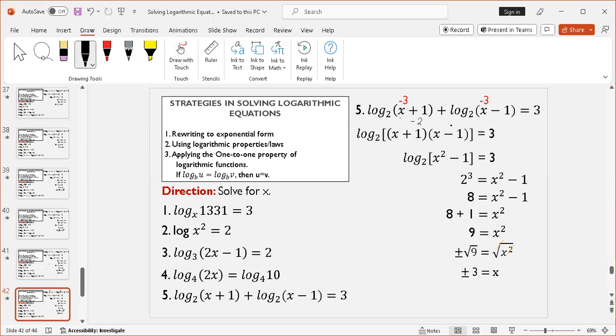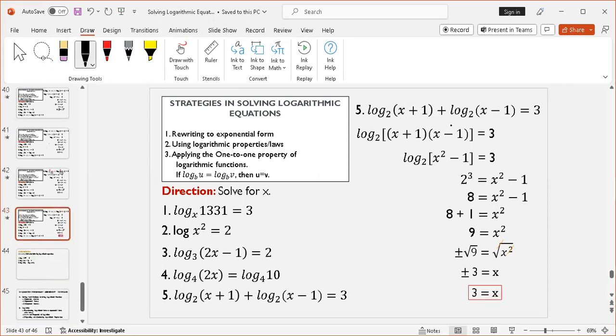Also here, it will give us negative 4. Ngayon, yung values ng y natin ay, what can you notice? They are negative. Diba, one of the characteristics of logarithmic function is that y cannot be negative. So therefore, the only solution here is 3 or positive 3.